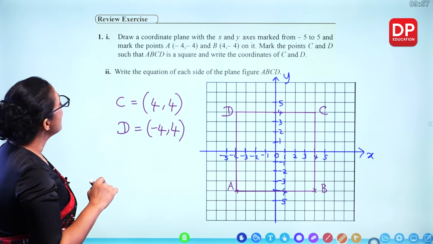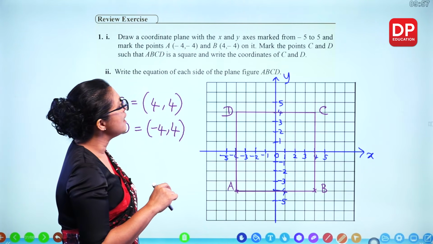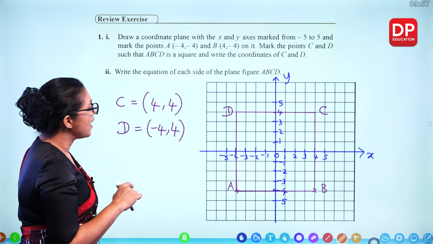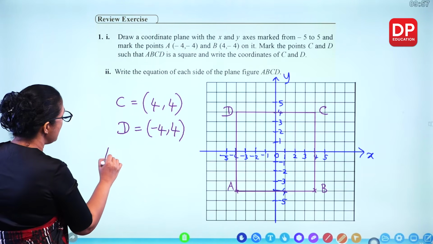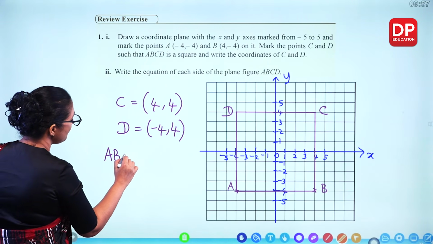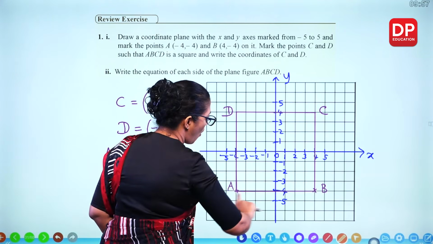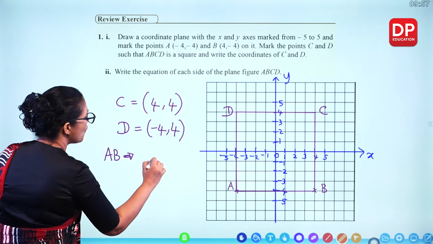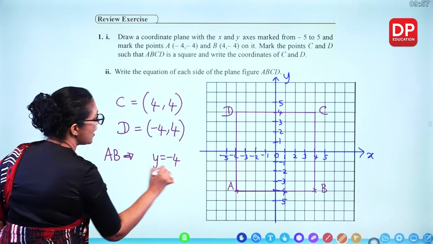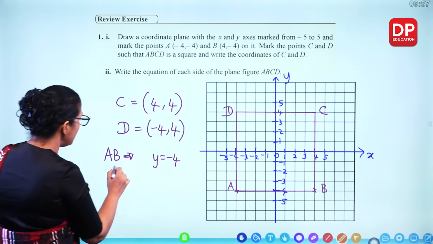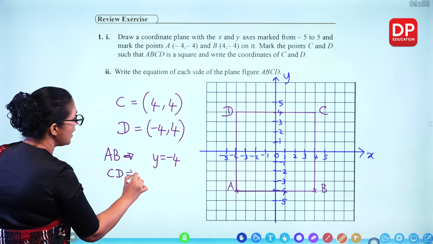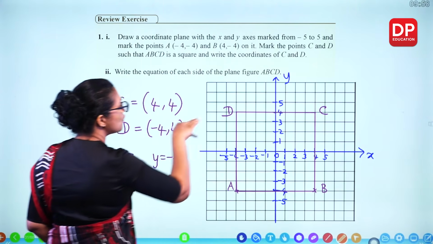Then the second part, write the equation of each side of the plane figure ABCD. So write down the equation. AB equation: horizontal line, always y value is minus 4, y equals minus 4. CD line, a horizontal line, always y equals 4.